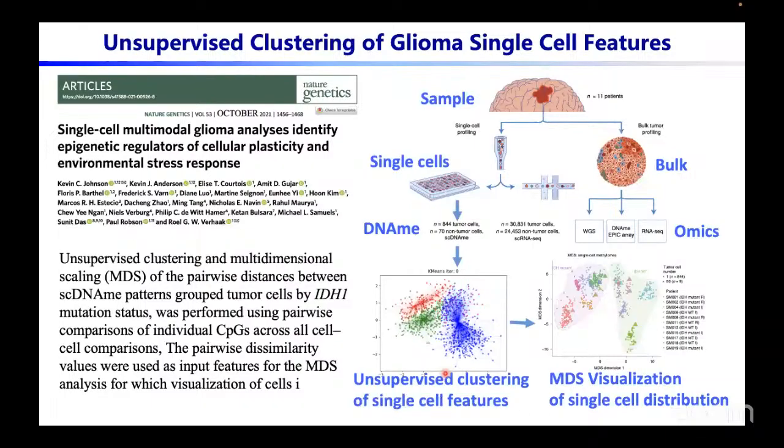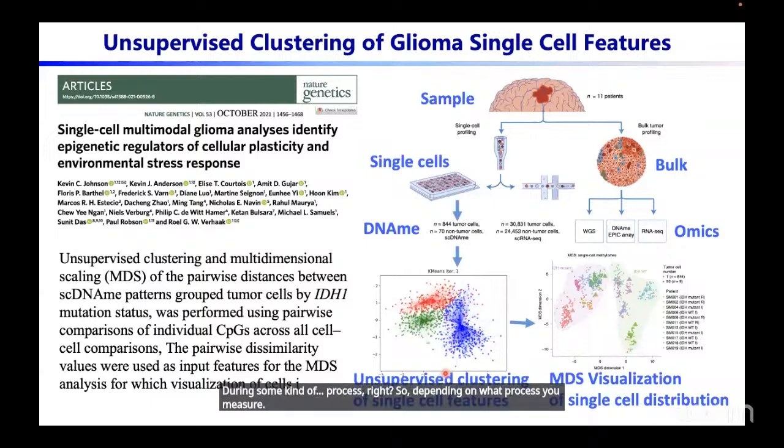regulators or markers, because those regulators that are associated with the disease tend to have certain common behavior. For instance, they must be active during the metastasis, during some kind of process, right? So depending on what process you measure, okay.